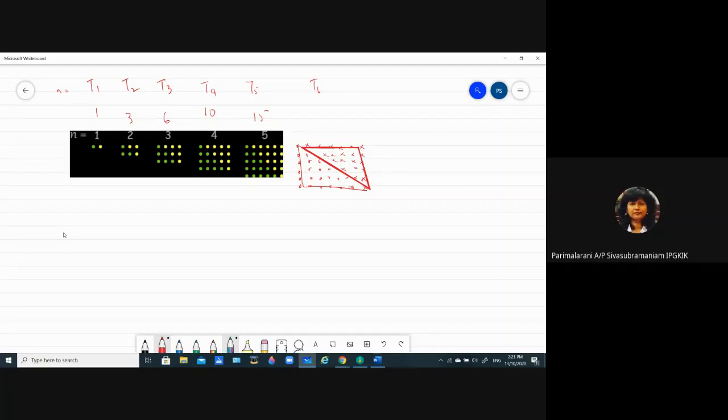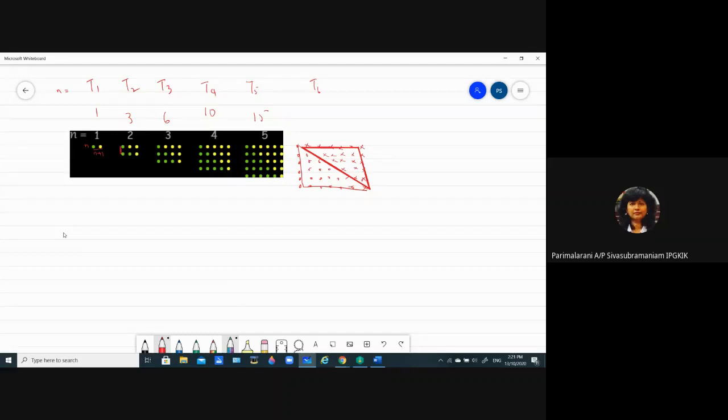So for n is 1, how many dots do we have here? If this is n, the original one, right? If this is n, so now here we have n plus 1, correct?